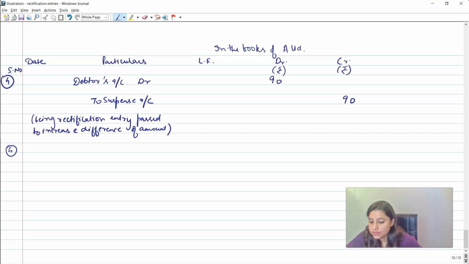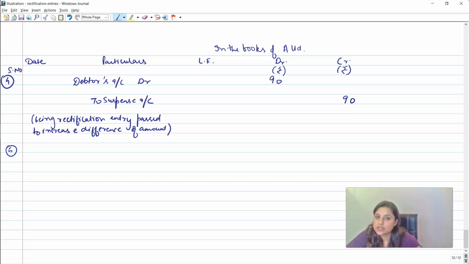Like in the case of the return outward book, where we had adjusted the entry through the P&L adjustment account and the simultaneous impact was decreased from the suspense account, likewise in this case also, in order to increase the sales account, which was undercasted by rupees 10,000, being the carryover mistake, we would be crediting the P&L adjustment account as the sales have to be increased. So in order to increase the sales, we would be crediting the P&L adjustment account and thus reducing the suspense account with the same amount.